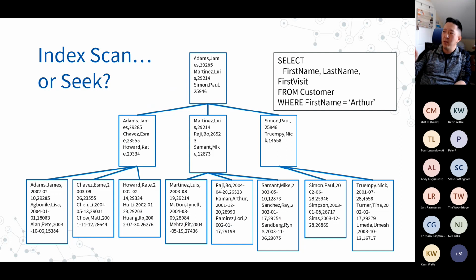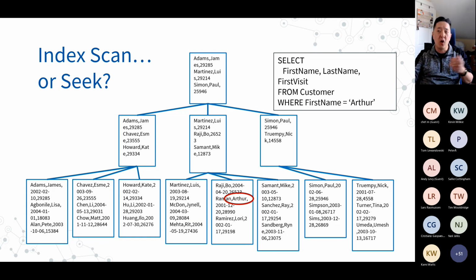Now I've changed things up. Instead of last name, we're now going to query by first name. Where is Arthur in this table? In this simple example, we see that Arthur is all the way down here. But because we must navigate using last name first, because that is our leading key column, how am I supposed to find where first name is equal to Arthur, when I don't know the last name? The last name could be anything.